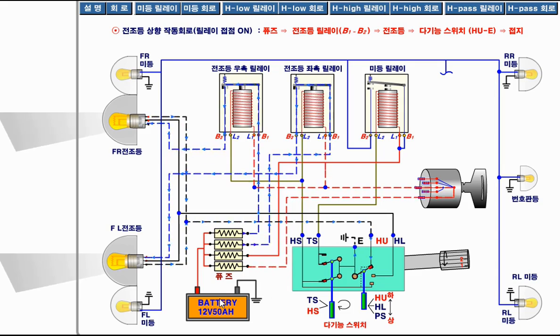So current flows from this fuse towards these relays, but the return line is slightly different. So current flows from this terminal towards this HS terminal, and then from this terminal towards this ground in case of passing light. Let's see how current flows.